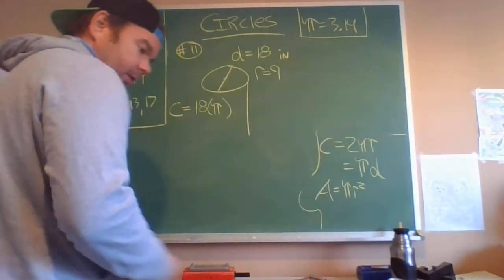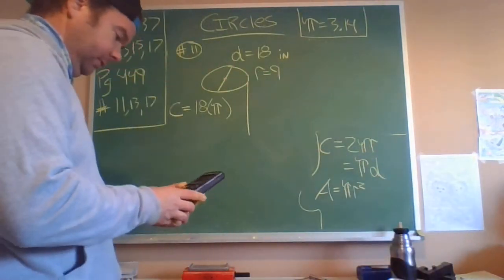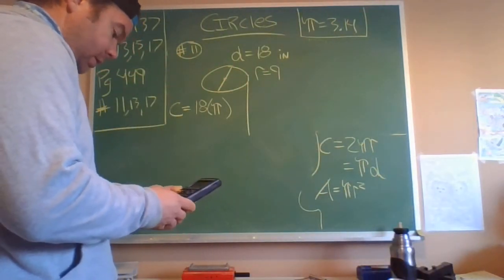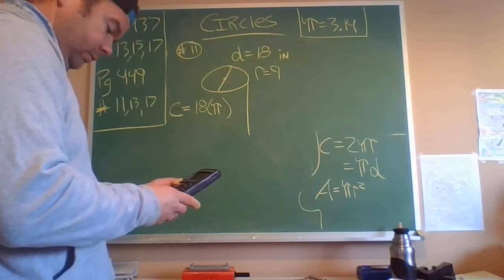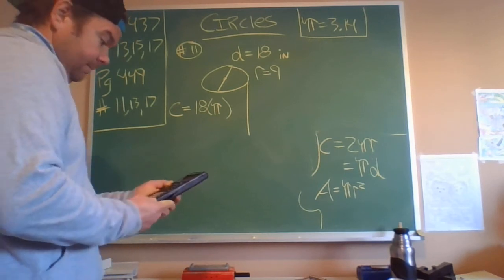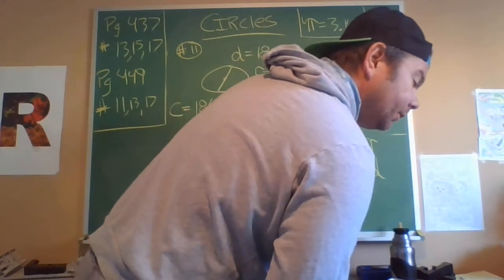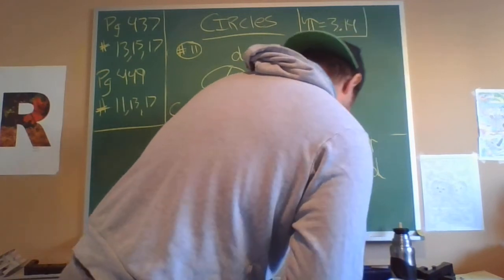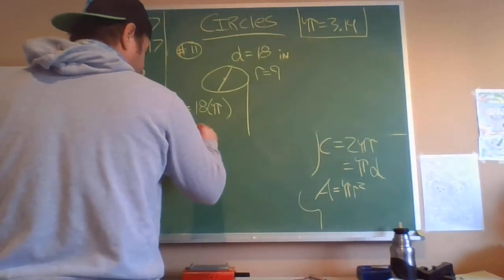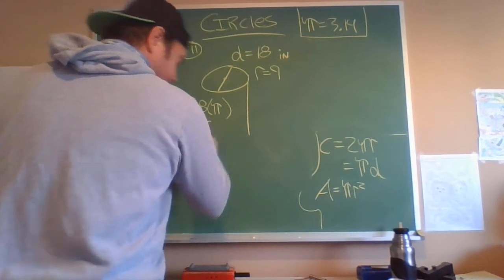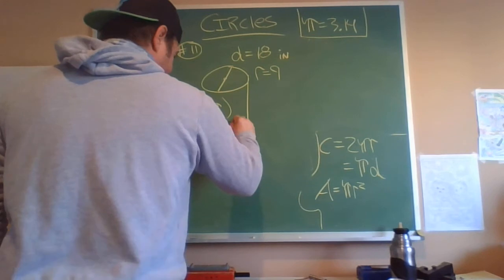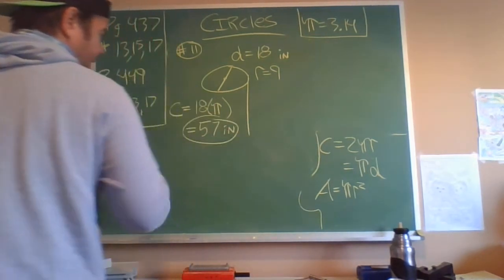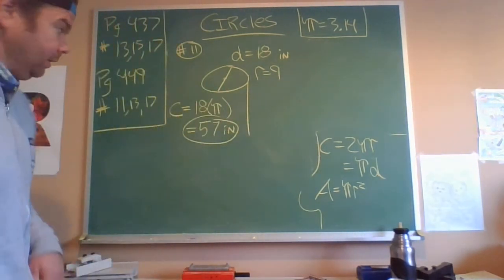So if we just do that, let's make sure we did all this right. 18 times 3.14 is 56.52. Does it say to round or anything? No, it doesn't. But to the nearest inch, 56.52 is about 56 inches. So there you go for the circumference.